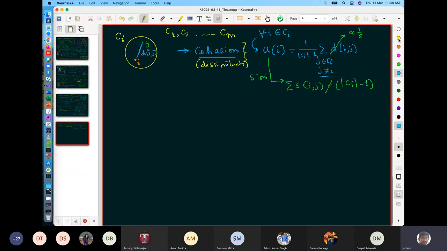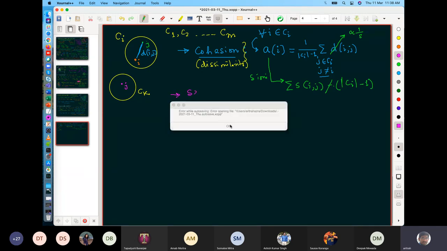The other thing you will measure is that suppose there is another cluster Ck. There I also have some point j. Then I need to measure what is called the separation index.